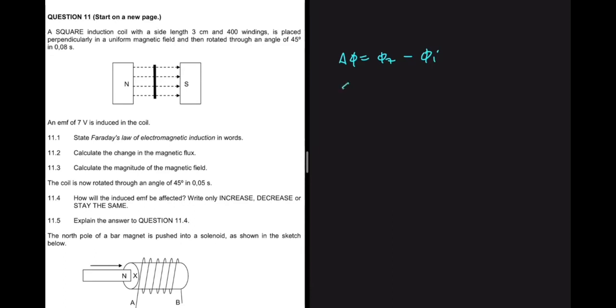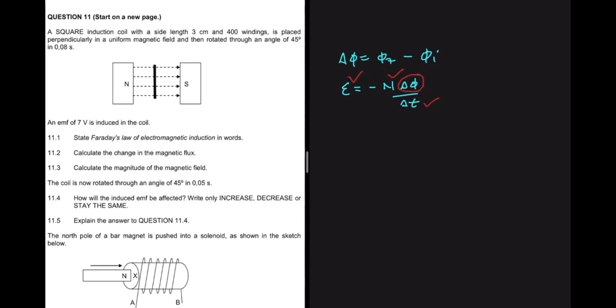That will be the EMF is equal to minus n, being the number of turns in the coil, multiplied by the change in the magnetic flux divided by the change in time. So in the second formula, if you have the change in time, you have the number of turns, and you have the EMF induced, then you just solve for the change in the magnetic flux, right? So that's how you use the second formula.